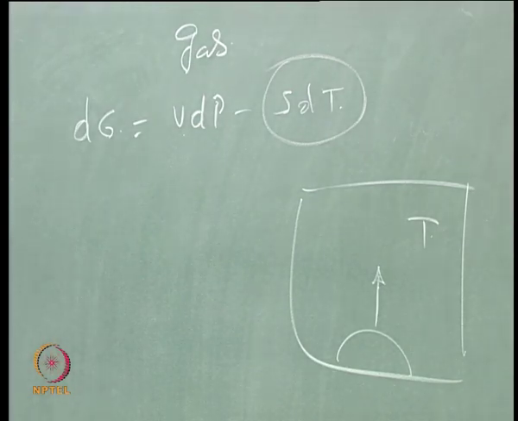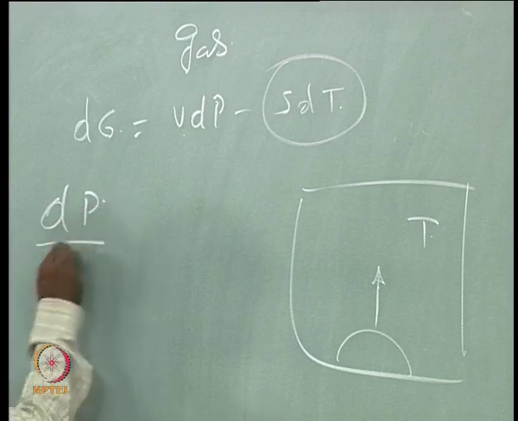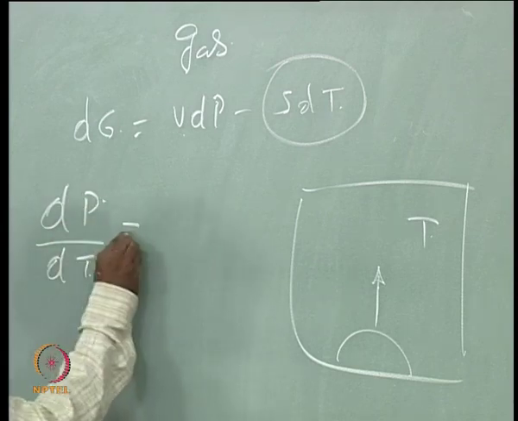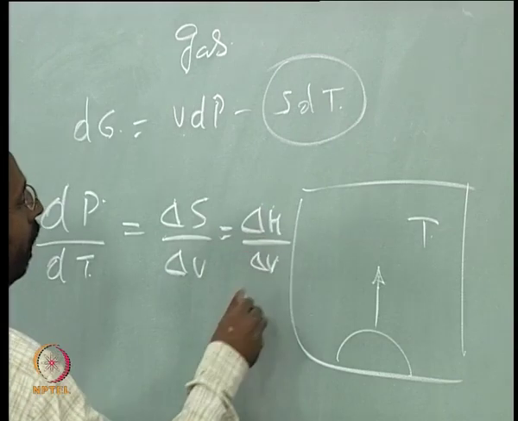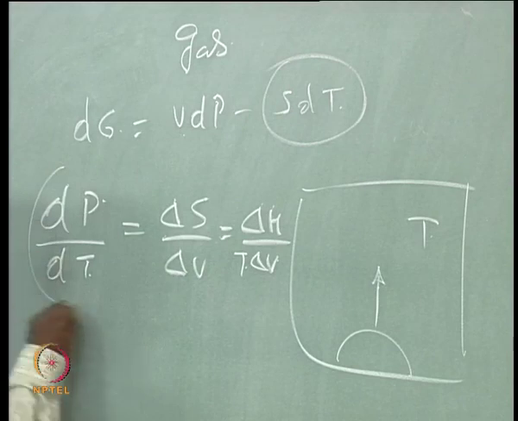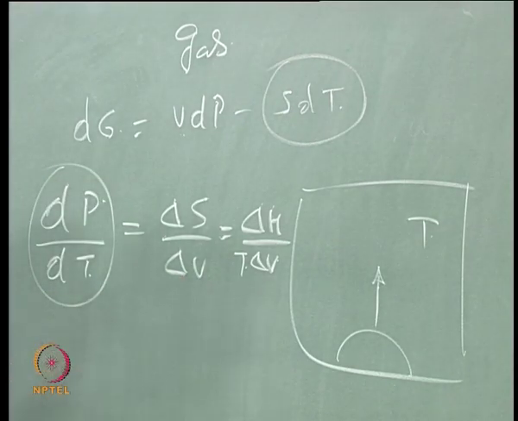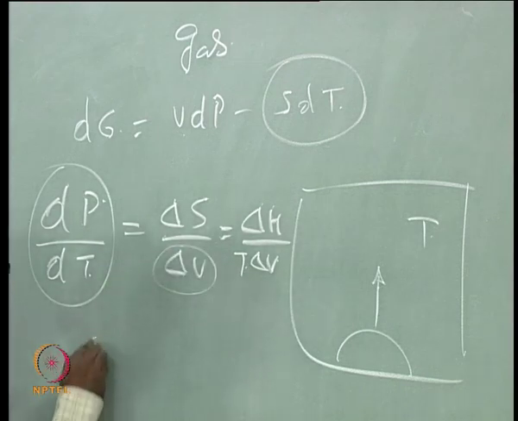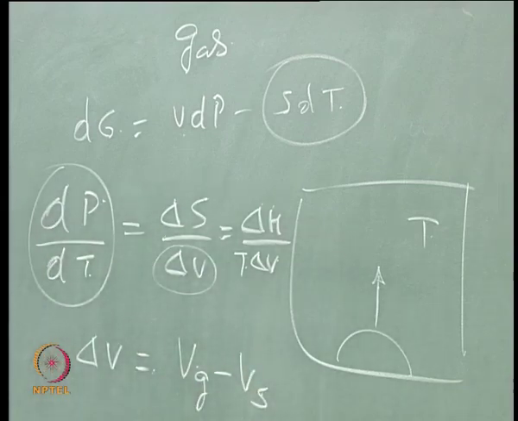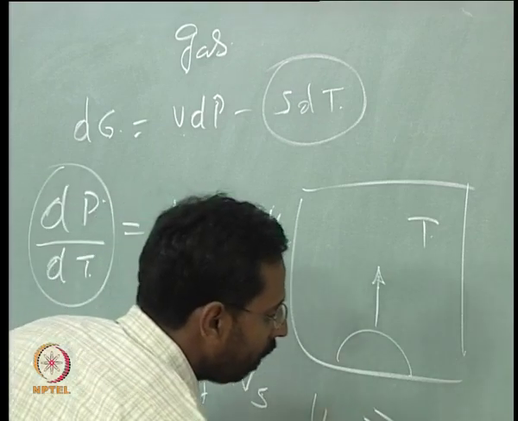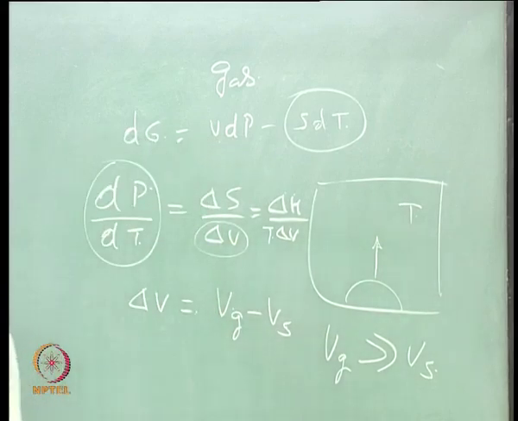So, if you want to consider this expression in detail, we can write it as dP by dT equivalent to delta S by delta V, which can also be written as delta H by delta V into T. Here delta V is basically nothing but V of the gas minus V of the solid, am I right, and usually V of the gas is much larger than the V of the solid, am I right.